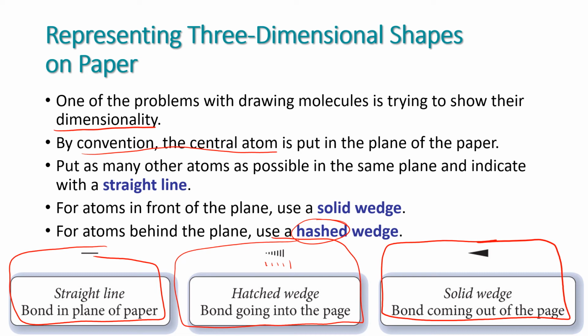So let me just draw something real quick. So we have, for example, PCl5. One of them will be hashed, and one of them will be solid.